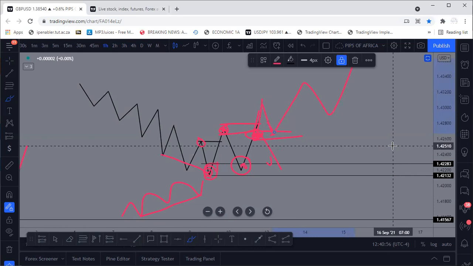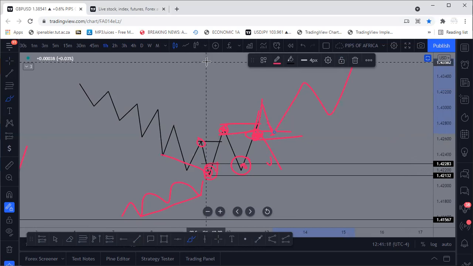On the part 4, I'll be testing these things with you, showing you these things in real time on the chart. I'll either go to NASDAQ, USD, GBP, any pair. I'll show you these things in any pairs.